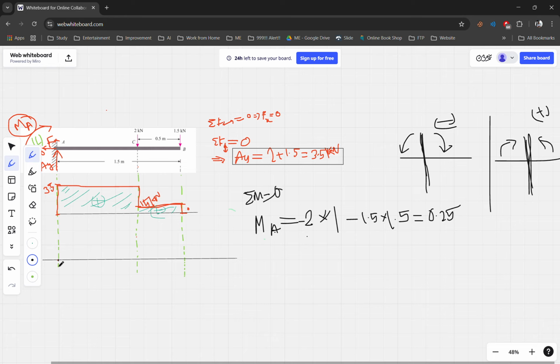So the MA force will be starting from 0.25. You think that it will start from 0.25? Then let me see one thing, one major discussion over here.